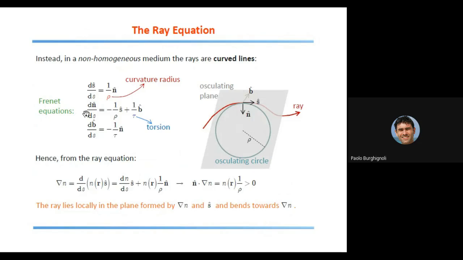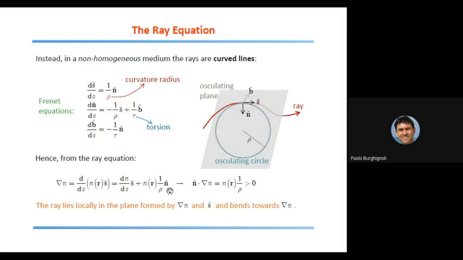Okay, from those equations, we have from the ray equation that the gradient of n, the refractive index, is equal to the derivative of the product n times s hat. By those Frenet equations, you can write this derivative as the sum of two terms. One is proportional to s hat, and the other one is proportional to n hat.